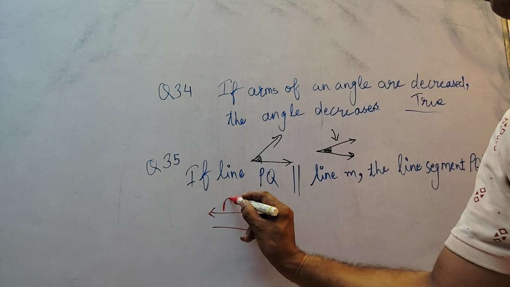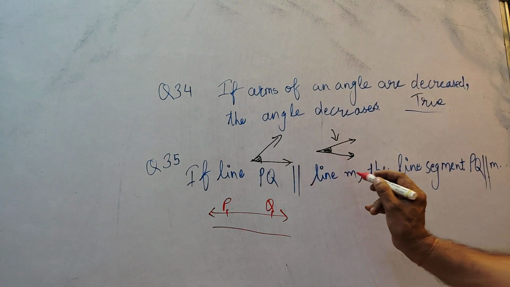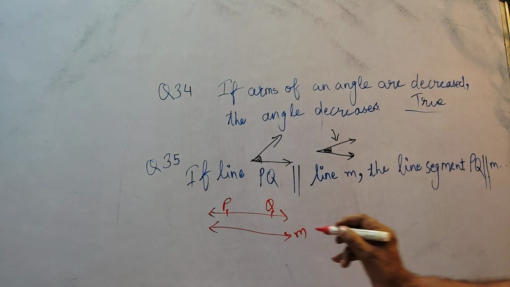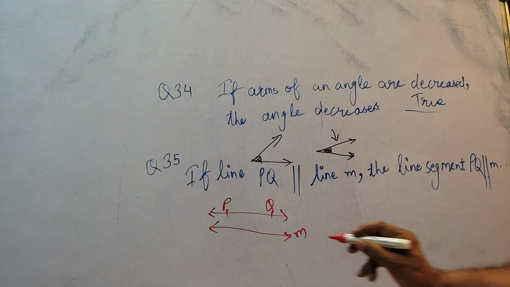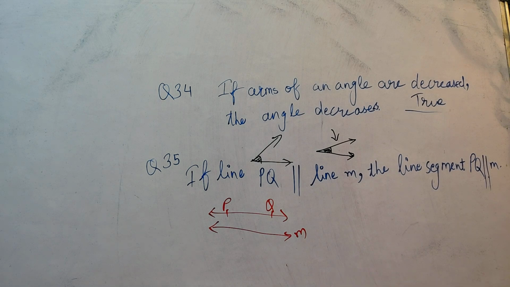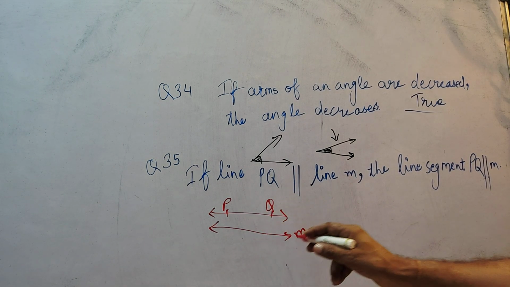In capital letters we write two letters at a time for one line. So line PQ is parallel to line M. For a small letter we use one letter to represent the name of a line. So this line PQ is parallel to this line M. Both line PQ and line M are parallel.